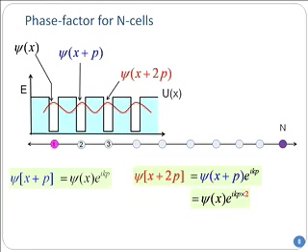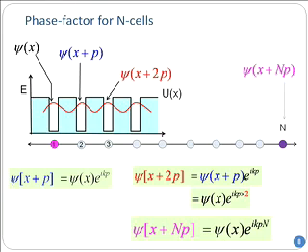So you can see that if I am n steps away, and n could be a billion, I don't know anything else, but obviously I could say this. This statement should be obvious, because you can see I have picked up a phase factor which is kp, of course, but now multiplied by n.